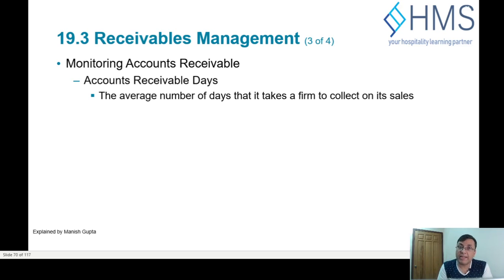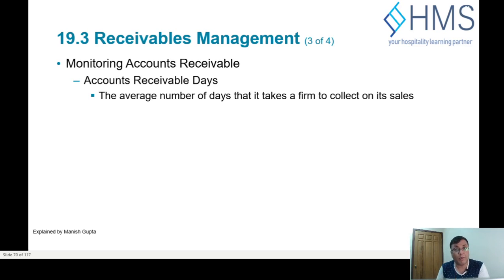Now you compare that with your credit policy. If your credit policy is, let's say, 40 days or 30 days, and your average collection period or average account receivable days come to 45 or 46 or 50, it means you are not efficiently collecting your money. There may be problems.